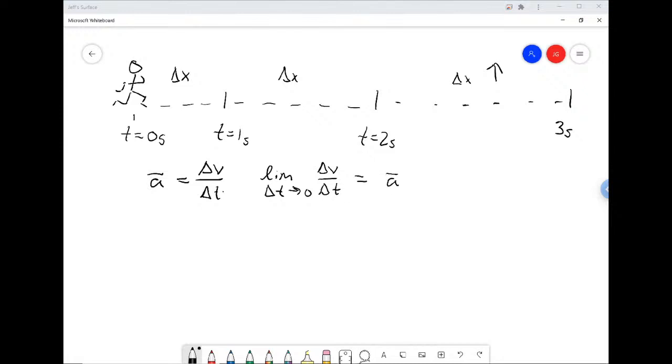In that limit, you have instantaneous acceleration. And just like before with velocity, an alternate way of thinking about this is that the limit as that interval delta t goes to 0 is the same as the derivative of v with respect to t.